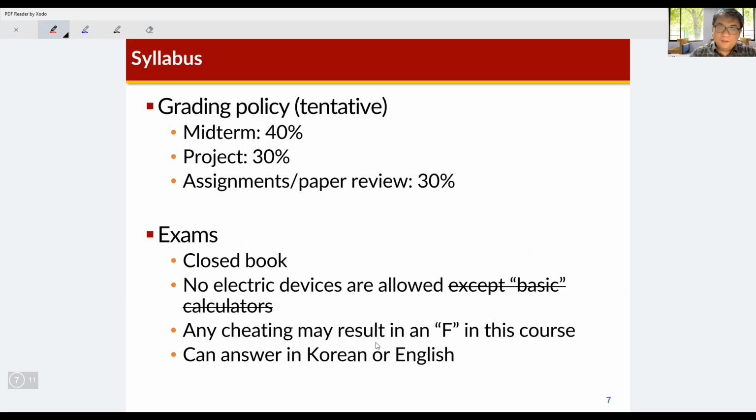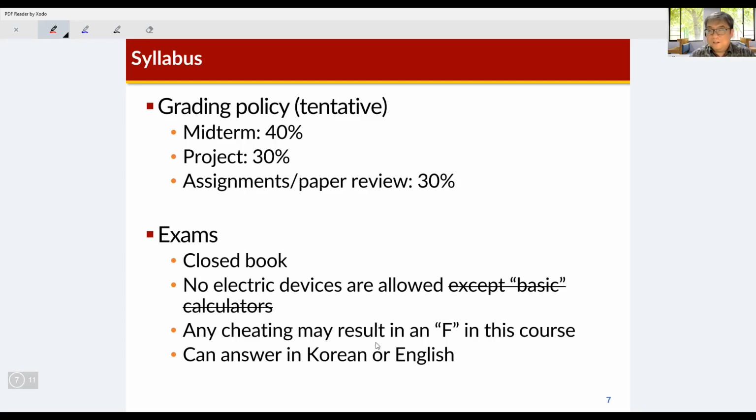But do not worry about the grade for this course, okay, actually. The exam will be a closed book exam, and no electronic devices are allowed. If you cheat, it can be an F for this course. And you can answer in Korean or English.